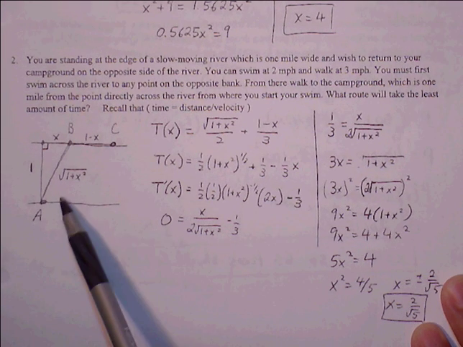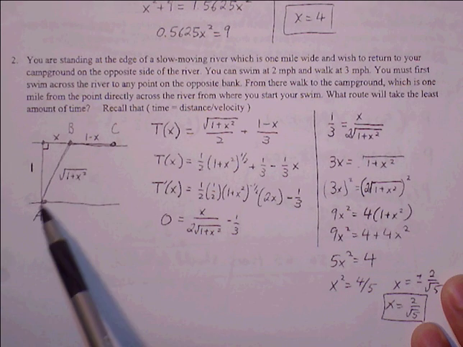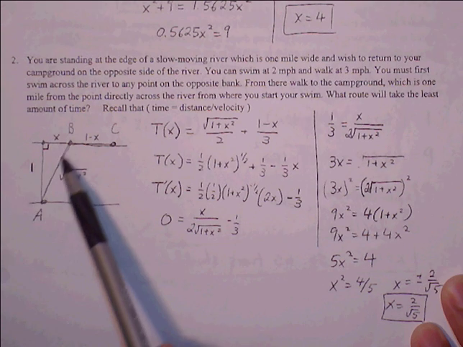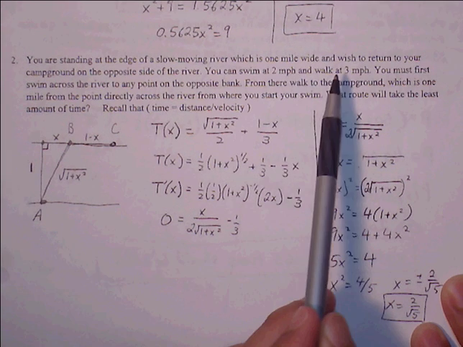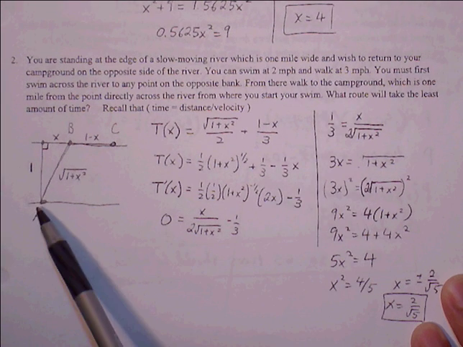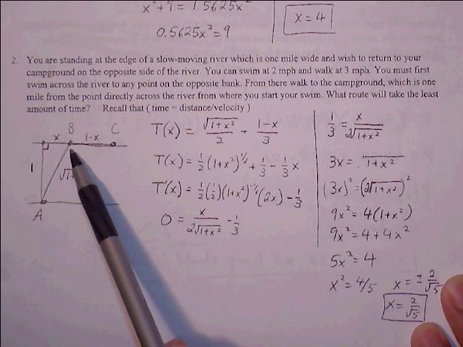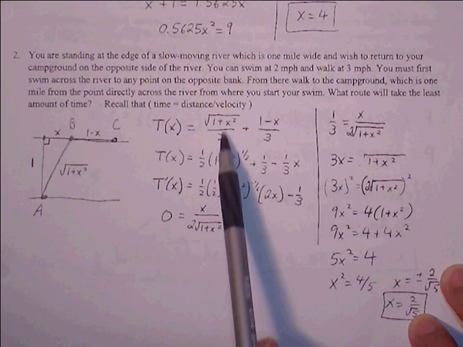All right, so this is the distance we want to travel. But time is distance divided by velocity. So the swim, we can make 2 miles per hour. So we can say the distance for this portion is square root of 1 plus x squared divided by the velocity.